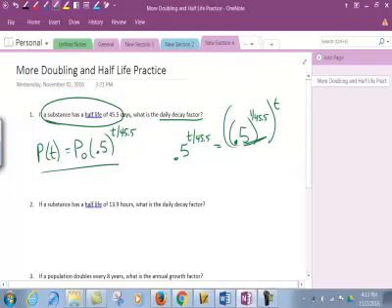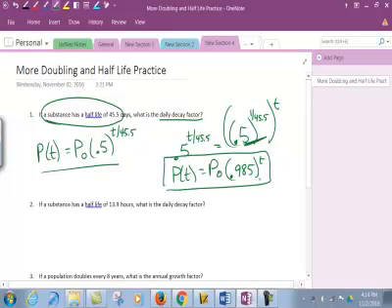So we put this into our calculator, and we get a base of 0.985 rounded to the thousandths. And so P of T equals P sub 0 times 0.985 to the T, and that is the equation that shows a daily decay factor as opposed to a half-life equation.